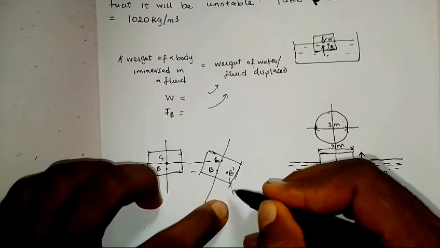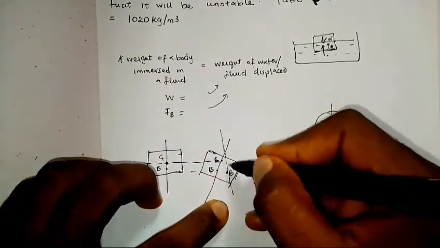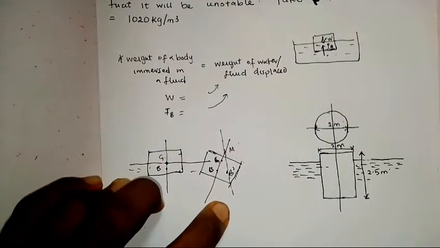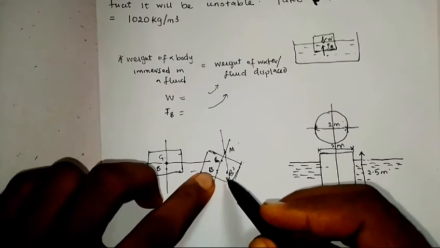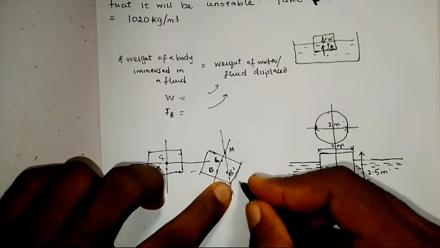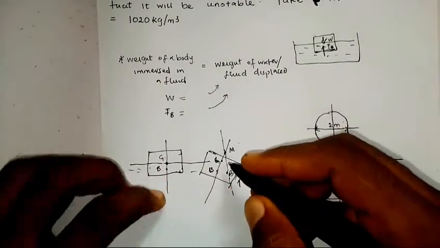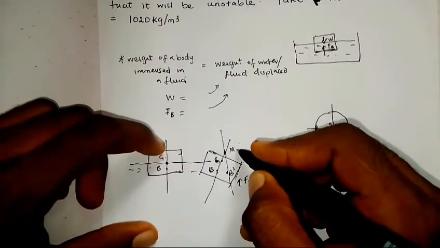Now we draw a vertical line also. Where this vertical line cuts this line is called your metacenter. So when it's given a slight displacement, your center of buoyancy shifts to a new position in which the force of buoyancy, Fb, will act. Drawing a vertical line like we did here, it will intersect the previous line, which we call the metacenter.